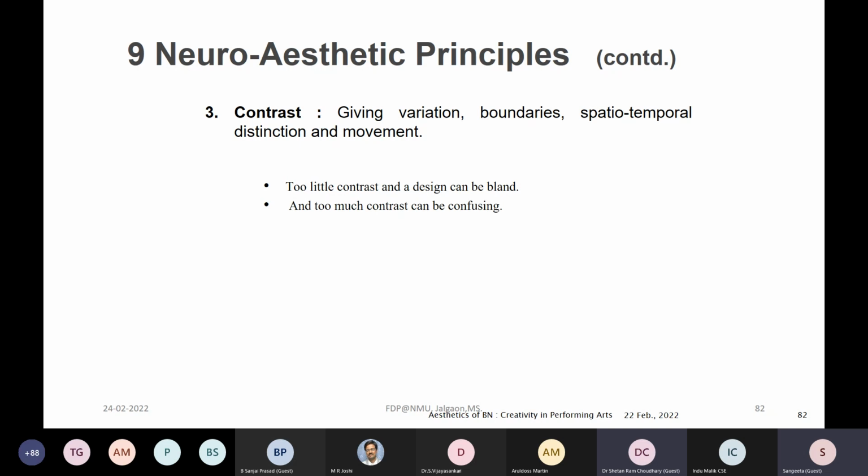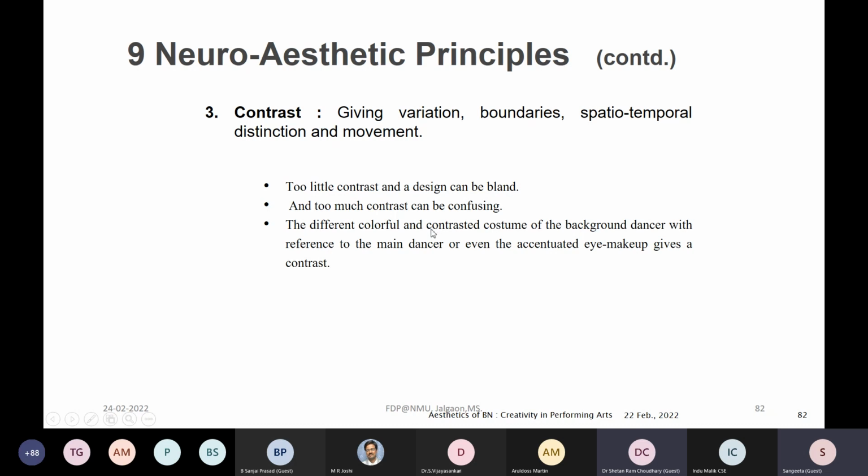Like they make fun of sometimes some particular film stars, isn't it? Wearing pink or orange, and they say, oh my God, this looks like a Joker's costume. So the different colorful and contrasted costume of the background dancer with reference to the main dancer, or even the accentuated eye makeup, gives a contrast. So you will see in Bharatanatyam, the eyes are very well done because there are a lot of eye expressions.